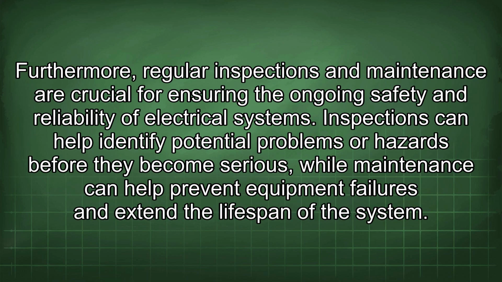Furthermore, regular inspections and maintenance are crucial for ensuring the ongoing safety and reliability of electrical systems. Inspections can help identify potential problems or hazards before they become serious, while maintenance can help prevent equipment failures and extend the lifespan of the system.